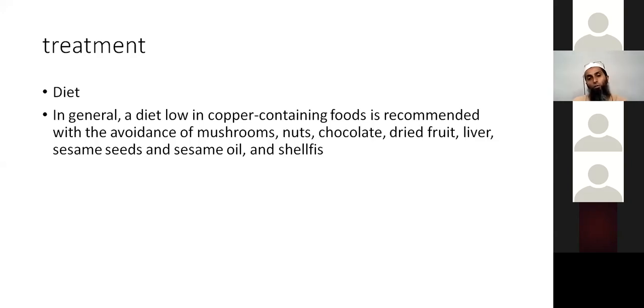So you need to avoid foods that contain more copper, including mushrooms, nuts, chocolate, dried fruit, liver, sesame seeds, pecan, sesame oil, and shellfish. So these are different examples of things which are rich in copper, right? Mushrooms, nuts, chocolate, dried fruit, liver, sesame seeds, and sesame oil.